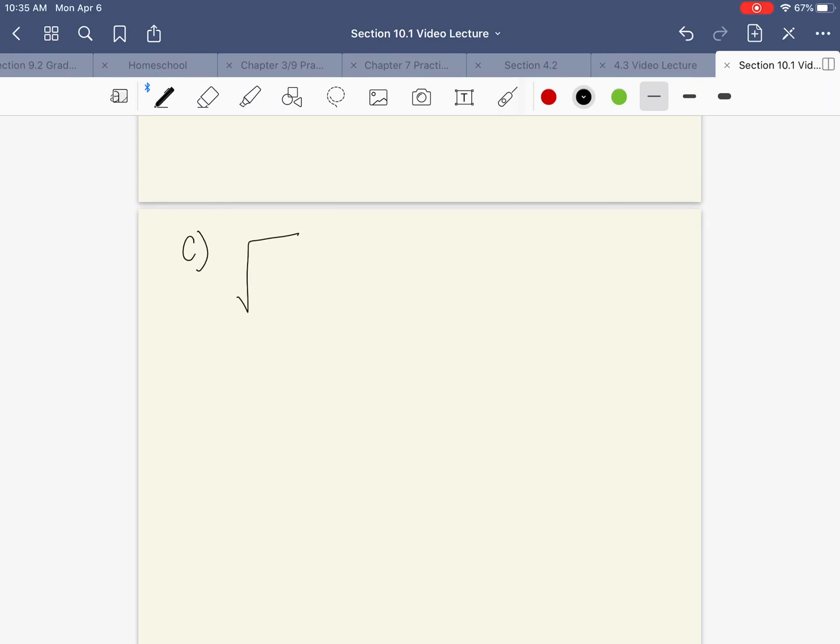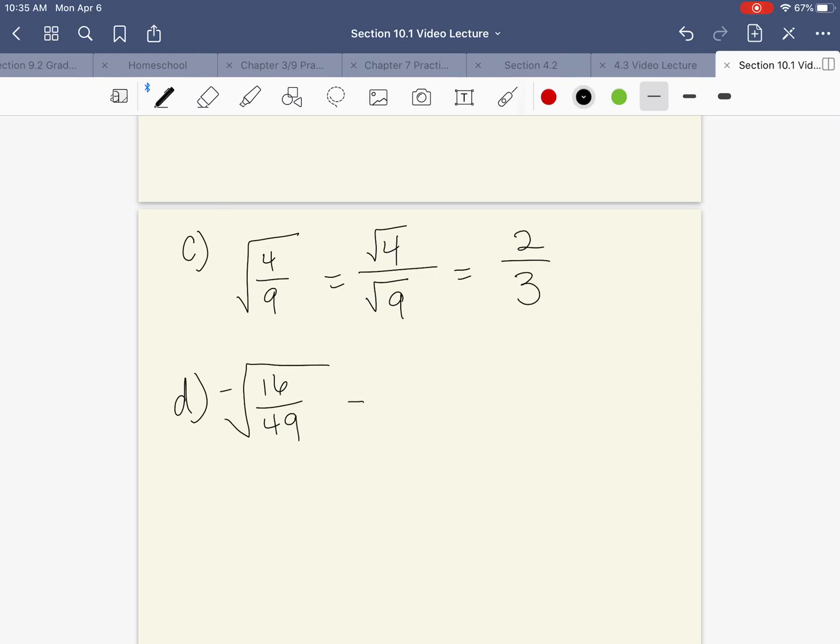All right, the square root of 4/9. You would take the square root of the numerator over the square root of the denominator, so that would be 2/3. The negative square root of 16/49, of course you would carry that negative over into your answer, so that would be -4/7.